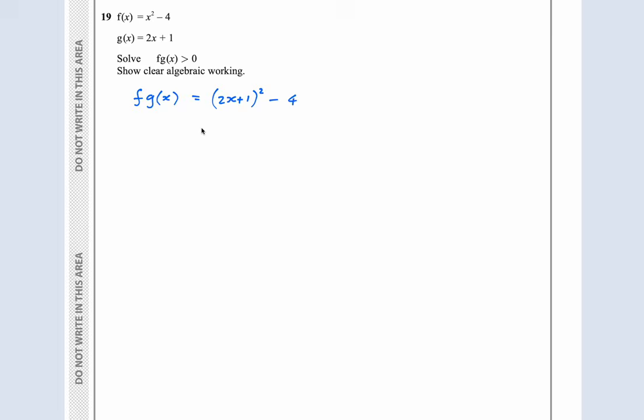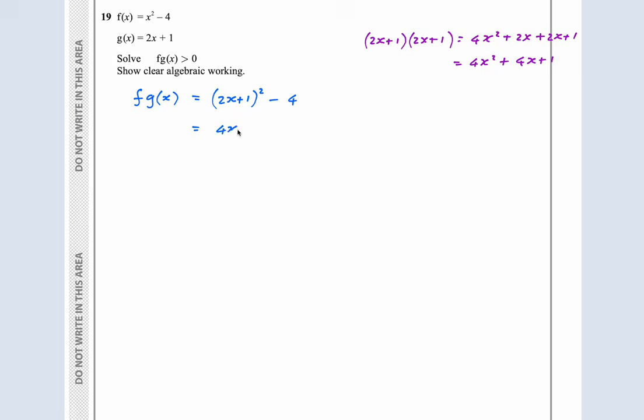Let's just multiply this out, guys. 2x plus 1 times 2x plus 1 is 4x squared plus 2x plus 2x plus 1, which is 4x squared plus 4x plus 1. And then we do minus 4.